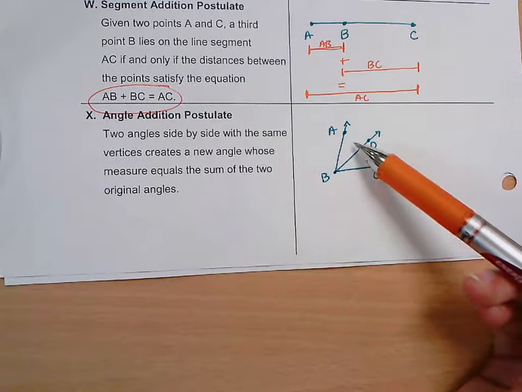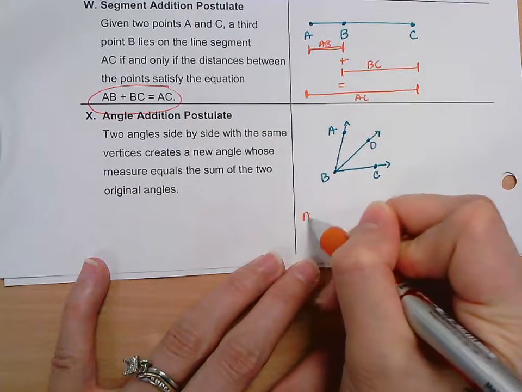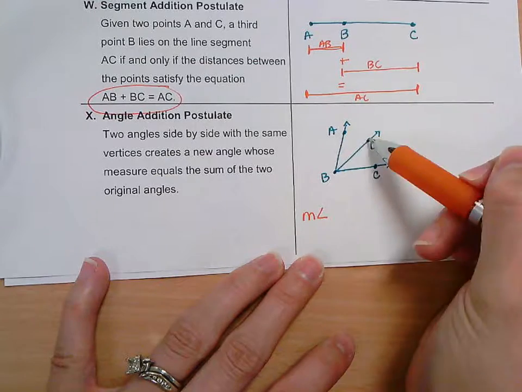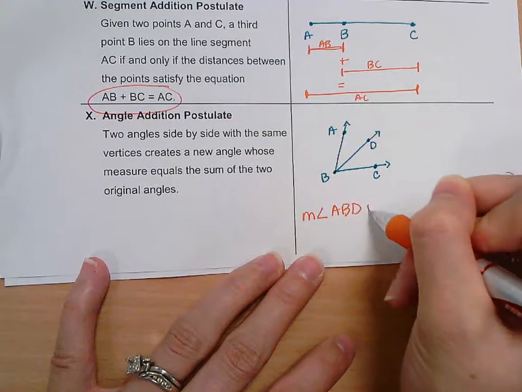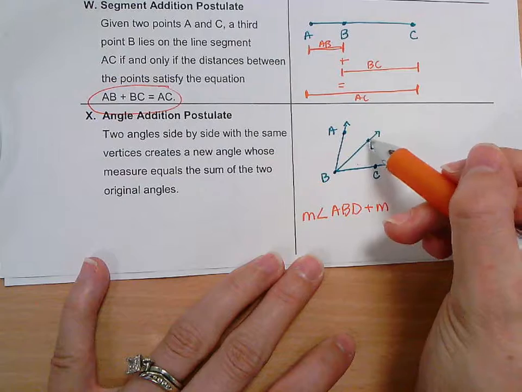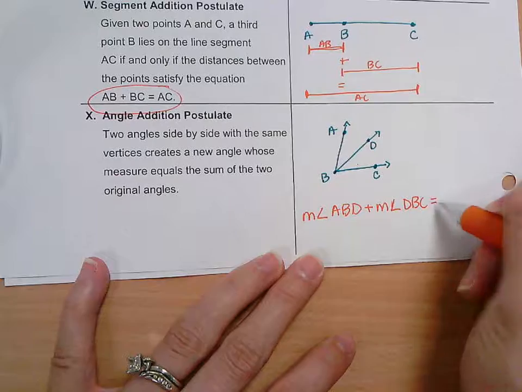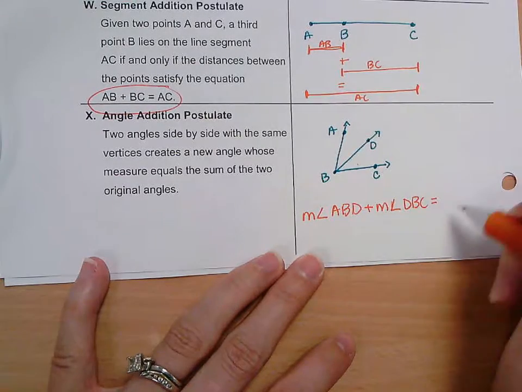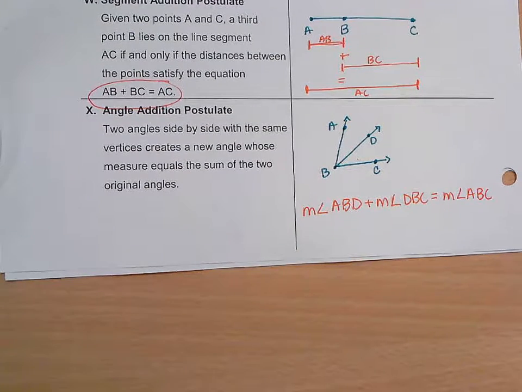If I added these two angles together, I would get the entire angle. So the measure of angle ABD plus the measure of angle DBC should equal the measure of the whole angle ABC. So I can add those two angles to get the entire angle.